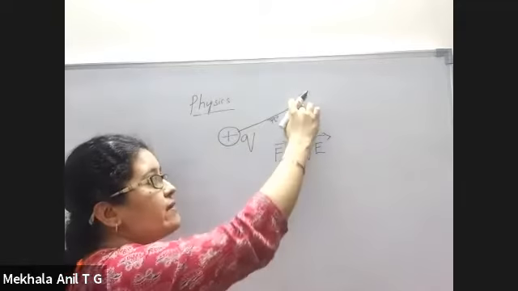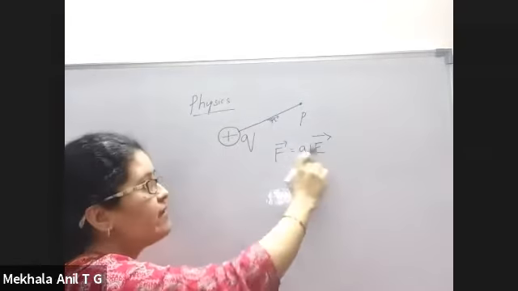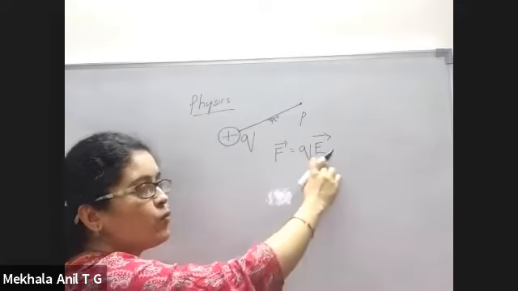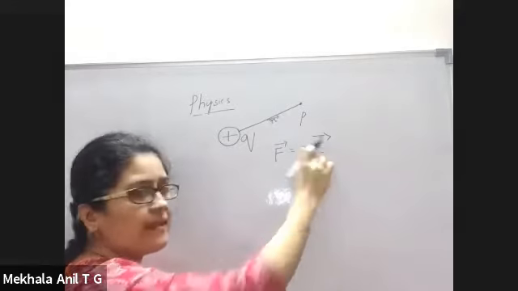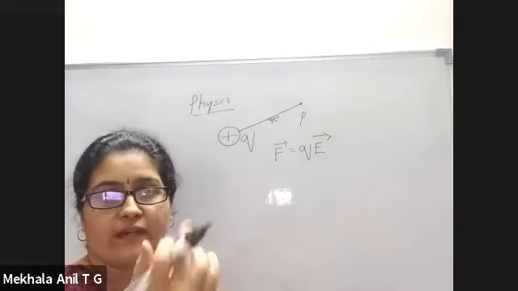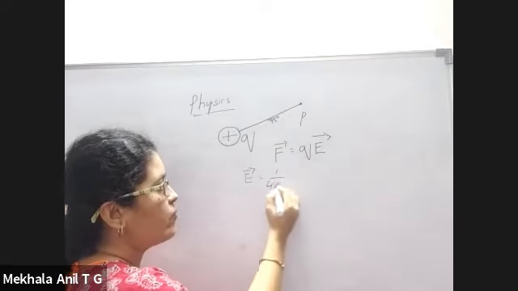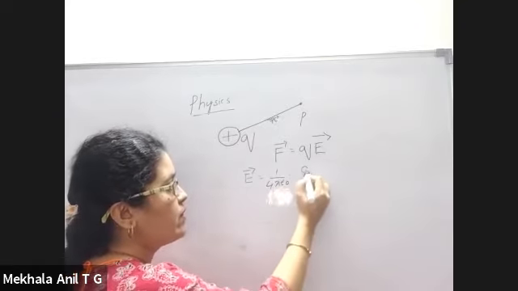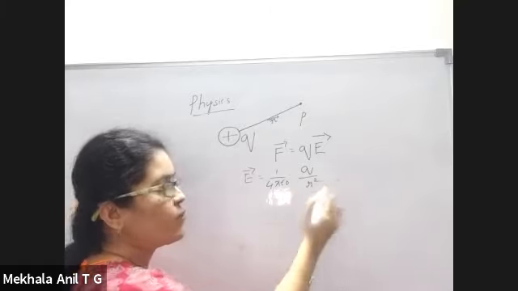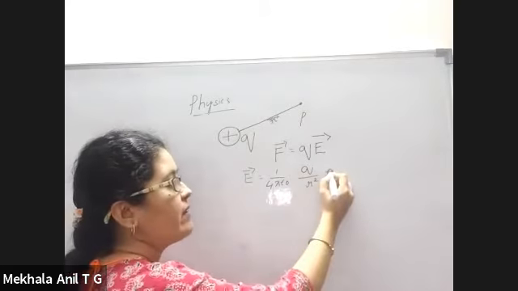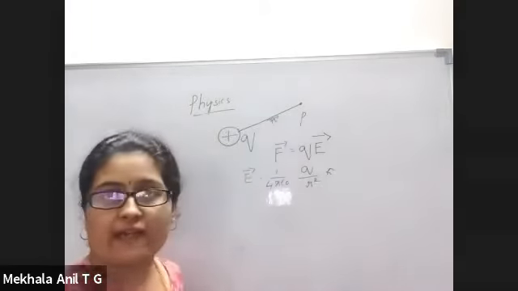At this point, if the field is E, therefore F is QE. And what is this E? Well, you know, in your electrostatics, it is given by E equal to 1 by 4 pi epsilon naught, Q divided by R square, R cap, because it is along the direction of the vector.